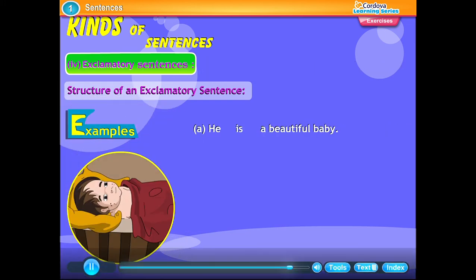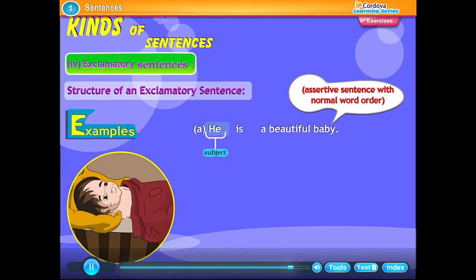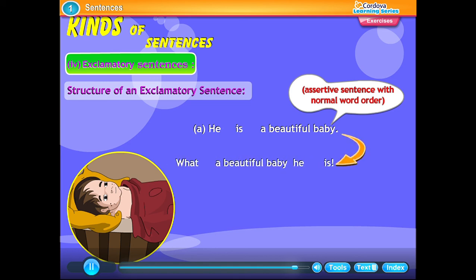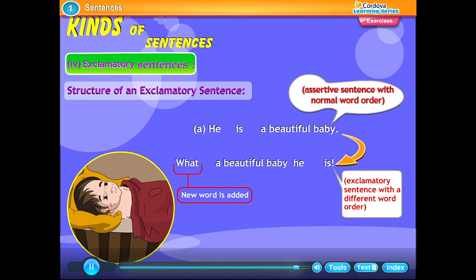Examples: he, subject. Is, verb. A beautiful baby. Assertive sentence with normal word order. The above sentence transforms into what? New word is added. A beautiful baby, he, subject, is, verb.